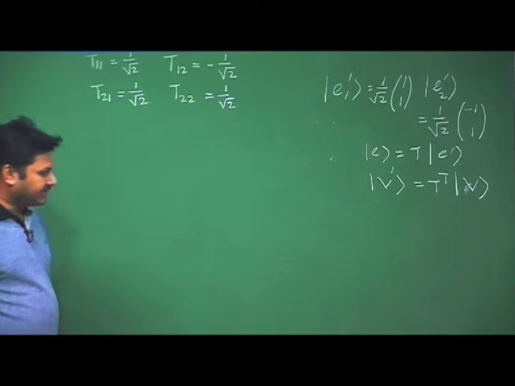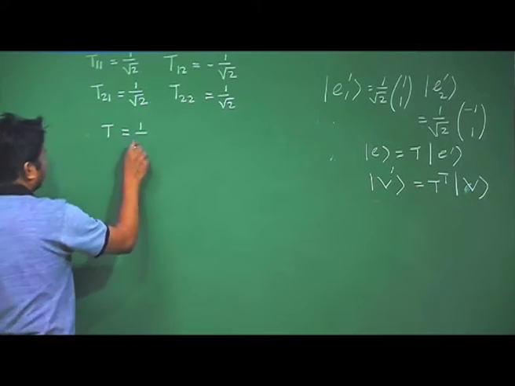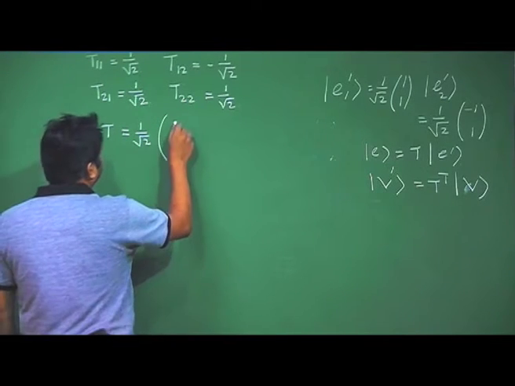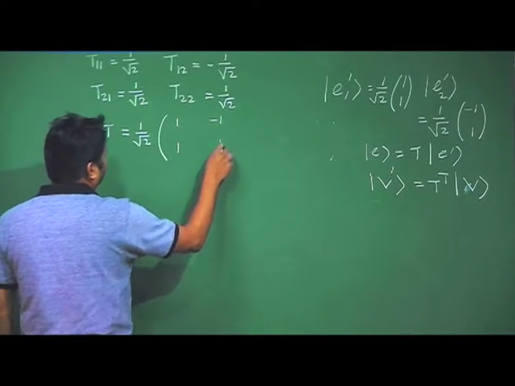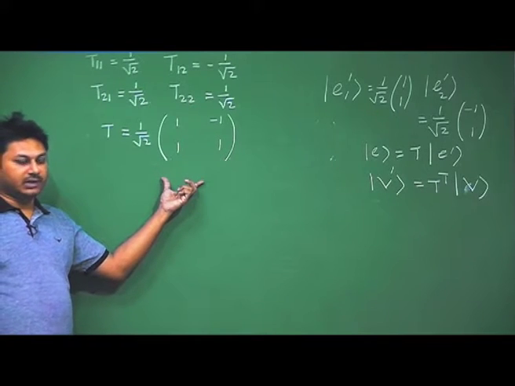Okay, so how will the T matrix look like? I can take 1 by root 2 common, then it will be just 1 minus 1, 1 1 like this. This will be my T matrix.